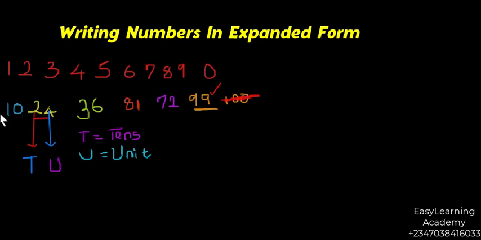So each of these 2-digit numbers has two components, tens and unit.